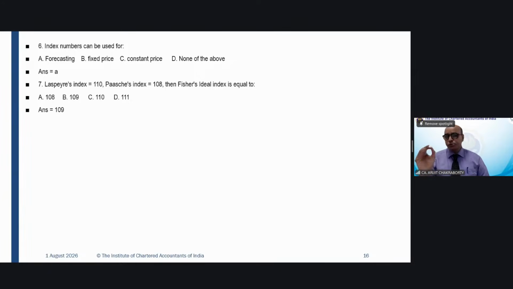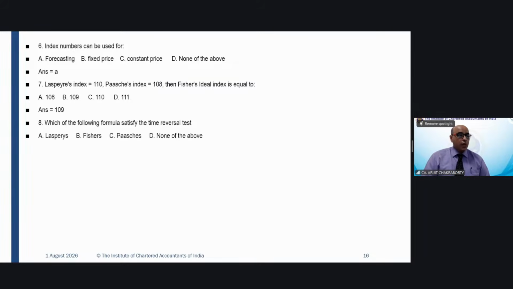I think you should get somewhere around 109. Eighth question, which of the following formulas satisfy the TRT? Time reversal test. We know Fisher's index satisfies both the time reversal and the factor reversal. So question number 8, it is B, that is Fisher's index.